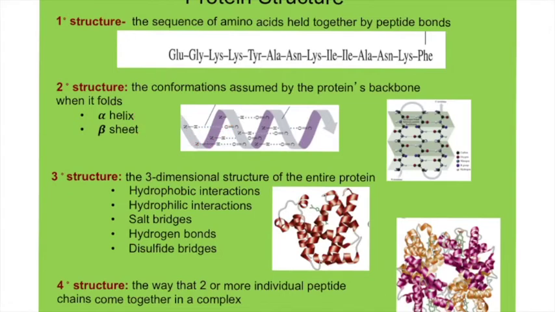An alpha helix looks just like it says, it looks like a helix, okay? It's when the hydrogen on a nitrogen hydrogen bonds to the lone pair of electrons on an oxygen on a nearby carbonyl group, okay? And these hydrogen bonds are generally around 3 to 4 amino acid residues apart.